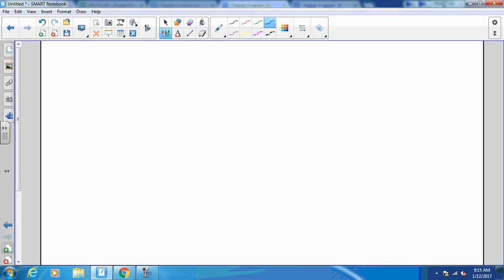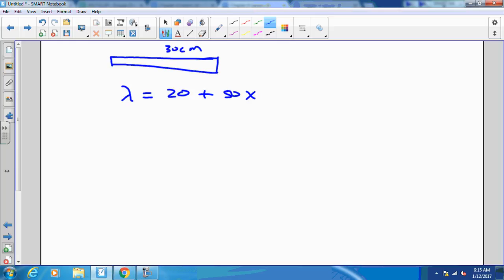Where did we go? Yes, problem number 49. A rod of length 30 centimeters has a linear density given by lambda equals, is it 20 plus 50x? 50 plus 20x, where x is measured from the left end?